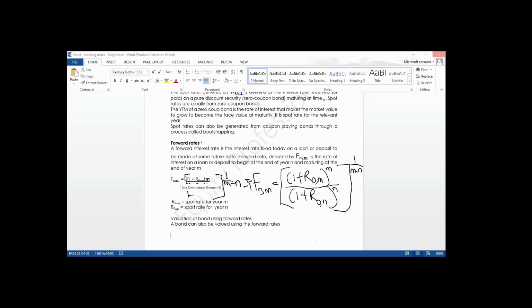I'm trying to copy the question. So our attention is on calculation of forward rates.